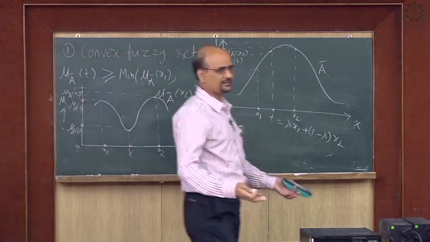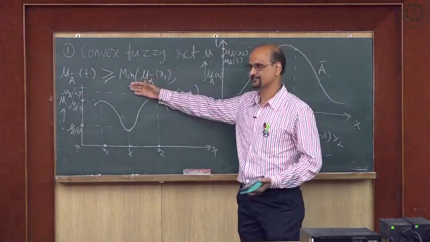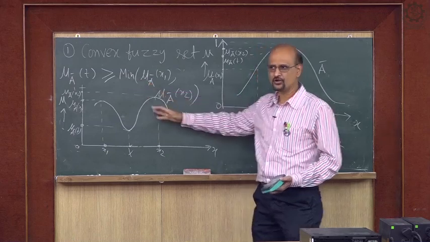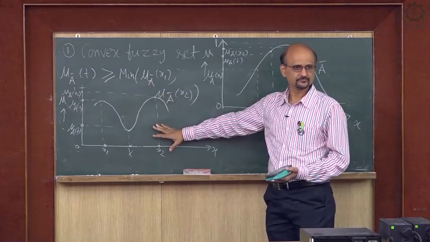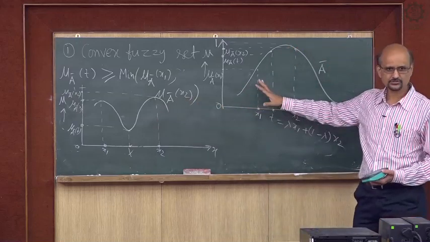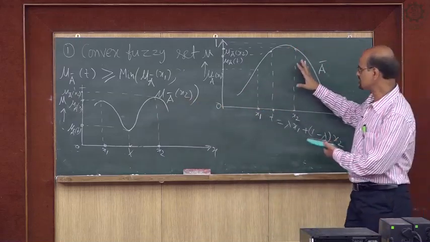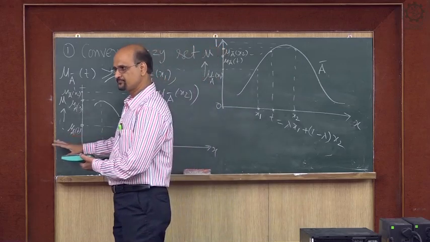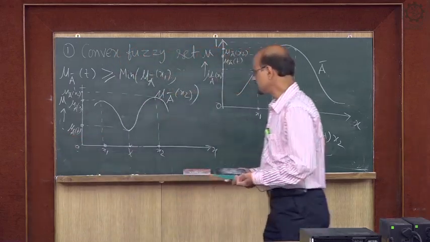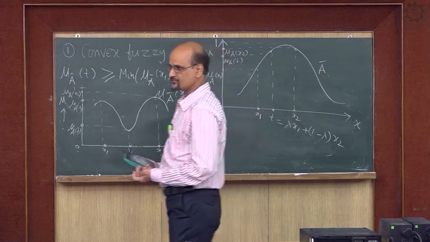Now, you see clearly that it will not satisfy this condition. So, I cannot say that this is a convex fuzzy set. So, now geometrically also I hope you are clear what is a convex fuzzy set and what is non-convex. Okay. Clear?